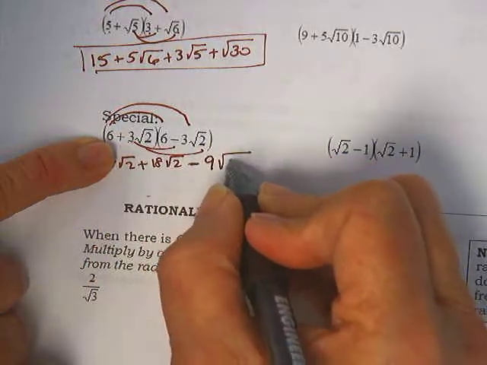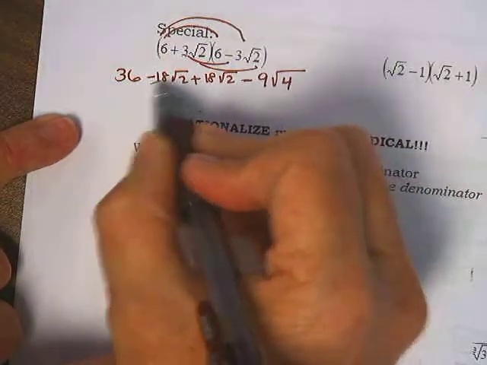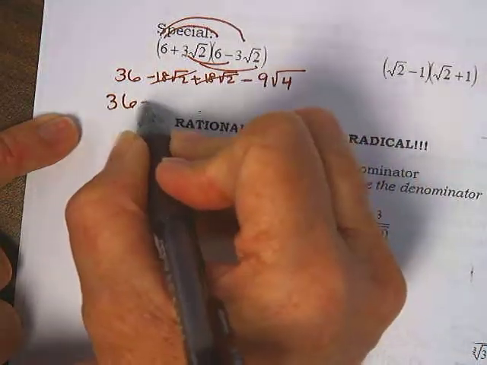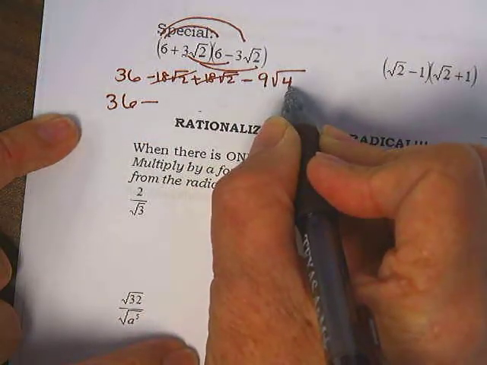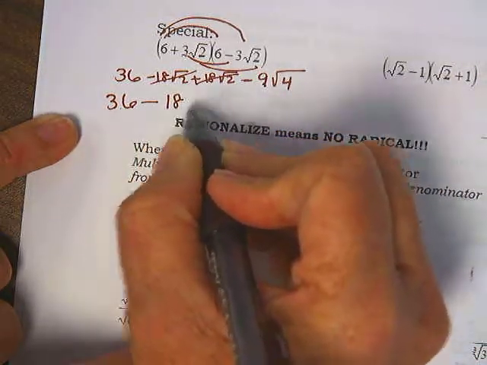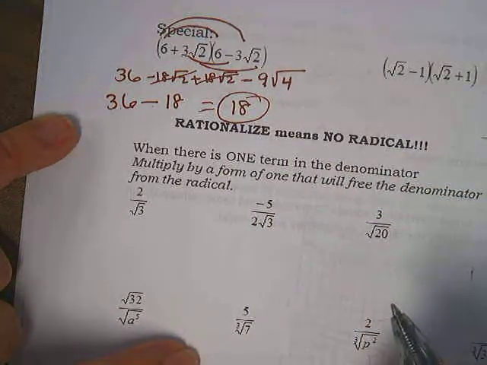And square root of 2 times square root of 2 is 4. So what happens here? Those cancel with each other, and we have 36 minus, what, the square root of 4 is 2. So 2 times 9 is 18. So 36 minus 18 equals 18.